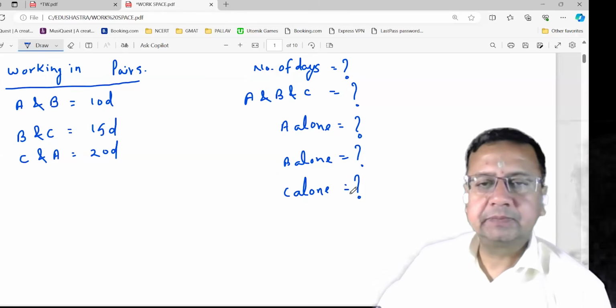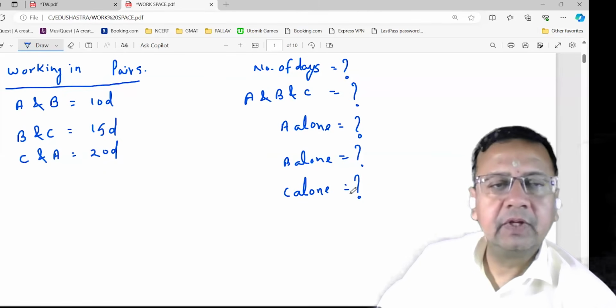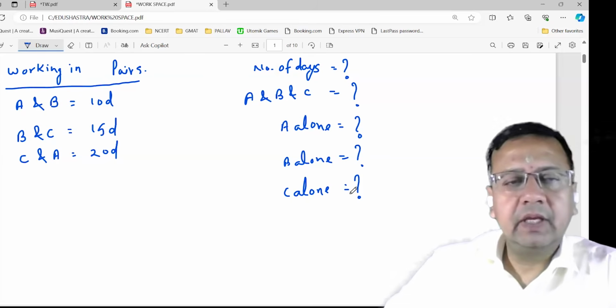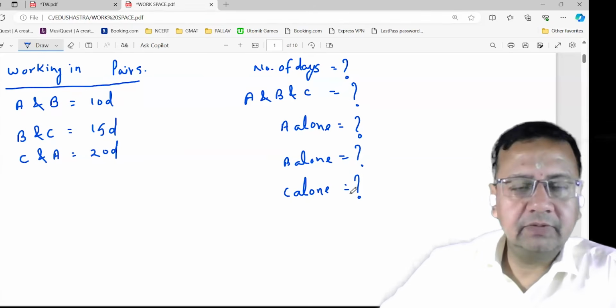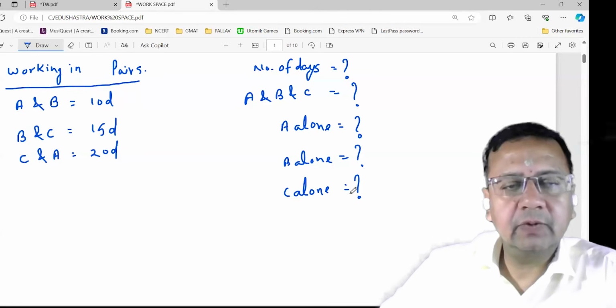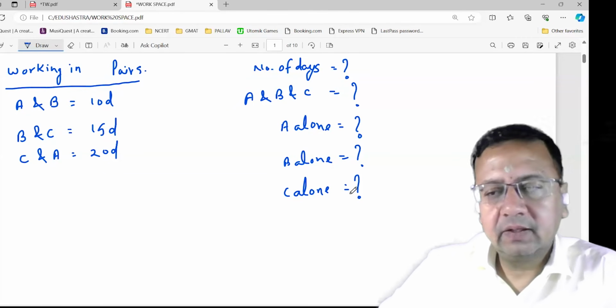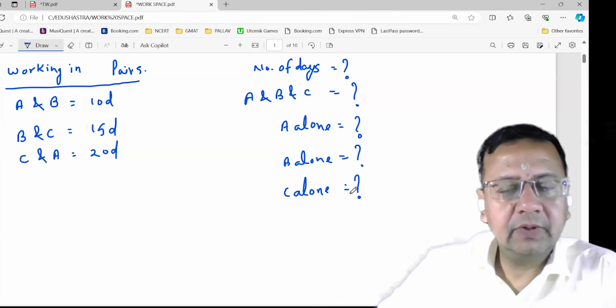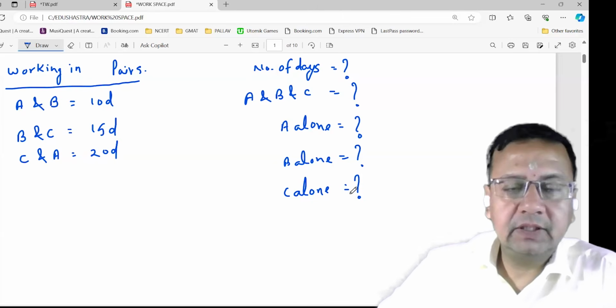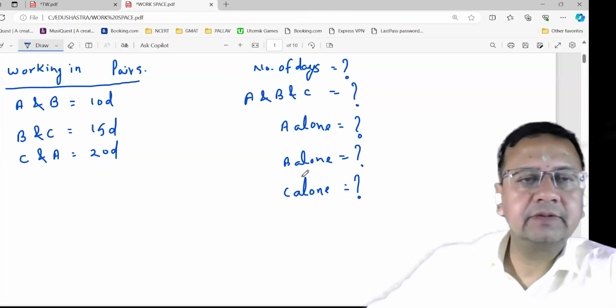Now tell me what to do. A and B finish in 10 days, B and C in 15 days, C and A in 20 days. If all three work together, how many days are required? If they work individually, how many days are required?